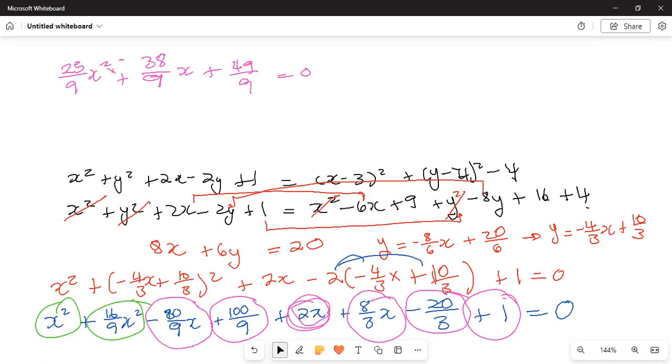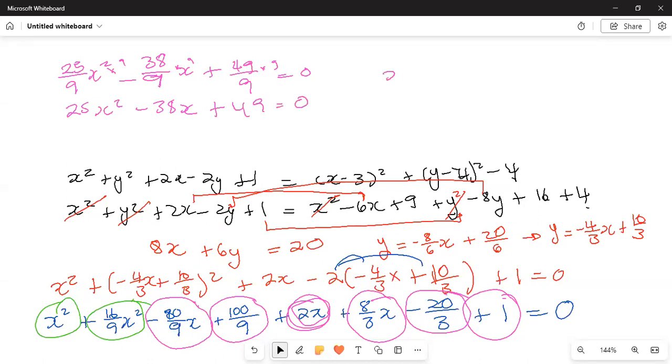We'll multiply basically everything by 9, and we get 25x squared plus 38x. Oh, not plus, this is a negative. Made a mistake. Then plus 49 is equal to 0.